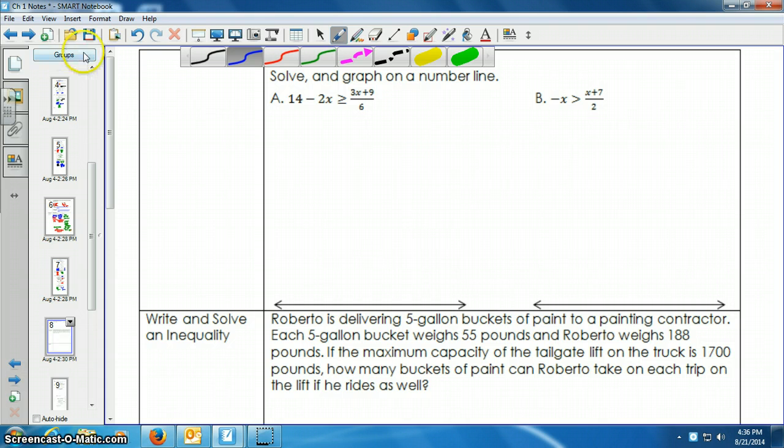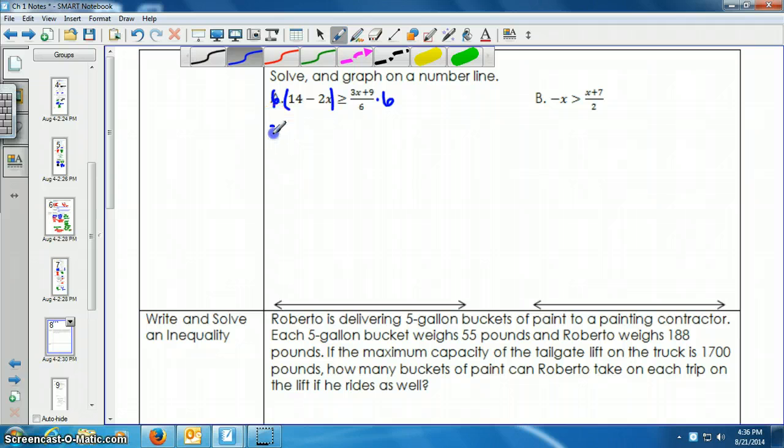We have a couple of multi-step. Those are just like you're solving another multi-step equation, only we have our inequality symbol here. So let's multiply both sides by 6 to get rid of that denominator. That's what I would do first.